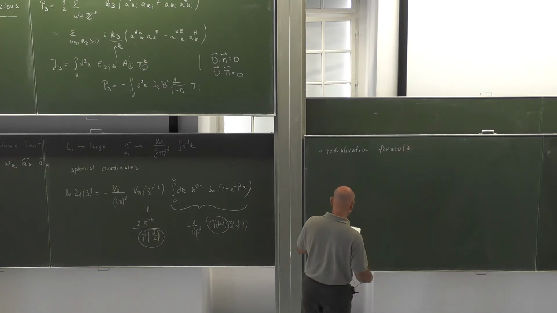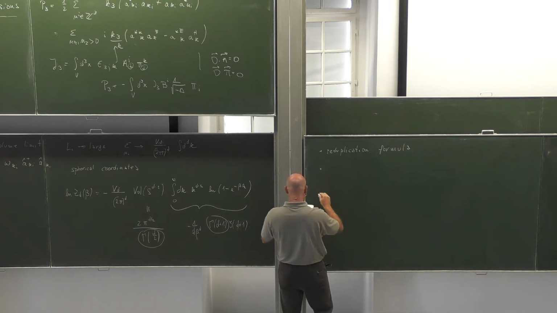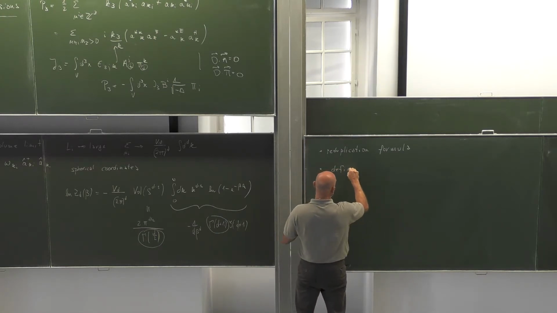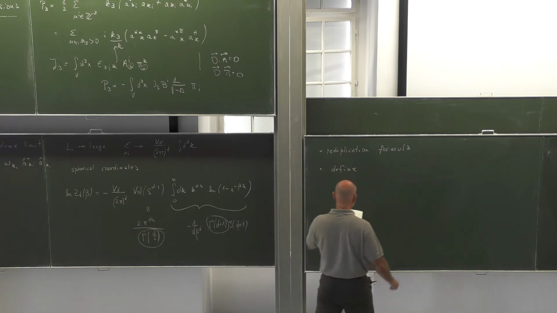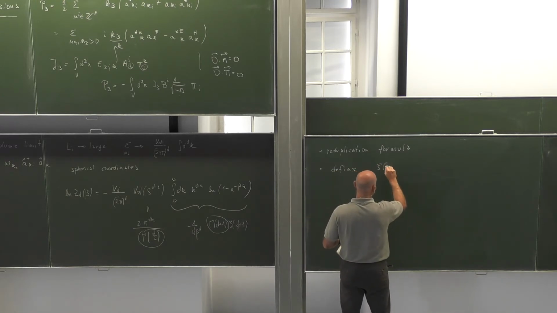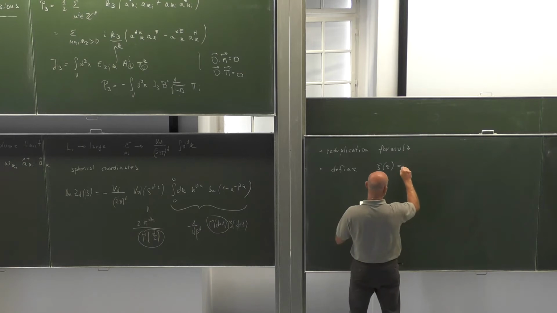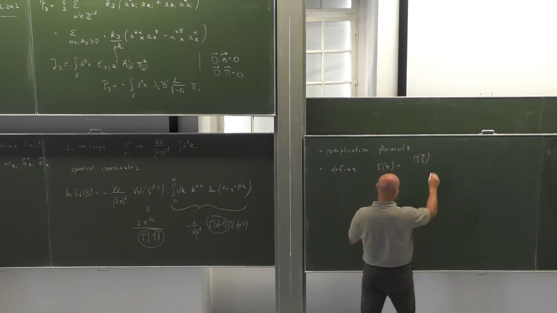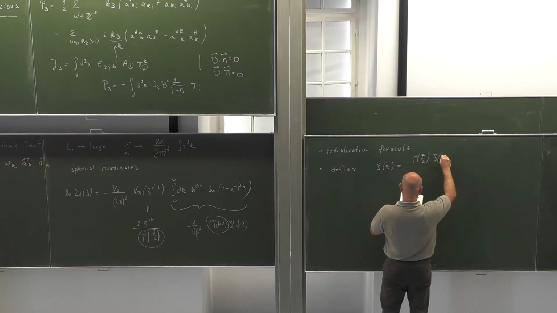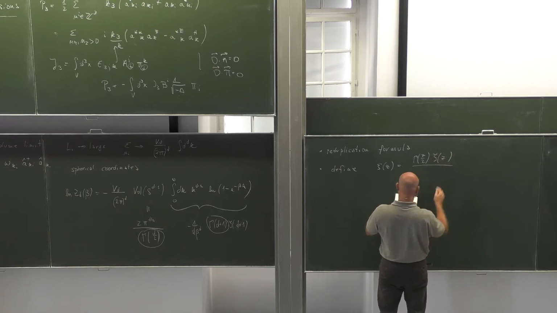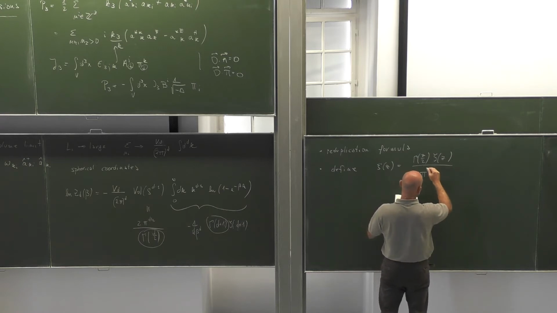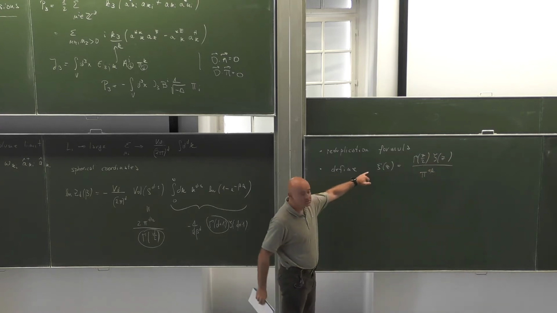That's one that you have to use, and then it's useful but not essential to define what people in the mathematics literature call the completed zeta function. So this is a zeta function that is accompanied by some factors of pi and some gamma, and this is the good combination.